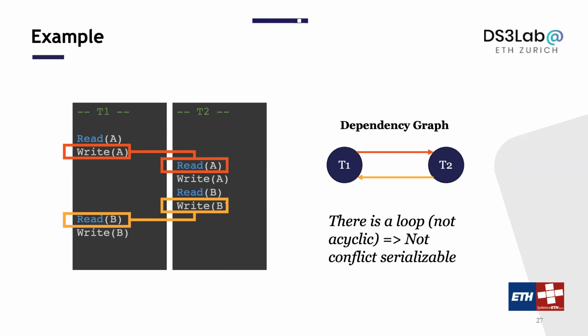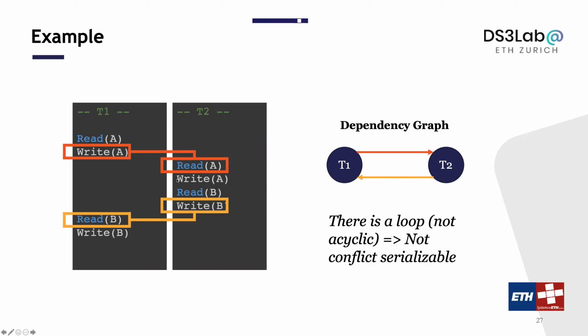Yeah, go ahead, I think we have one question. Is there a dependency between the first read A in transaction T1 and the write A in transaction T2? Sorry, can you say it again? So you're concerned about the first read A in T1 and the first write A in T2?